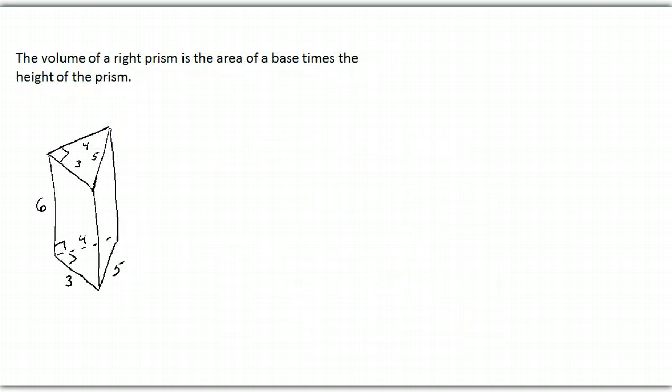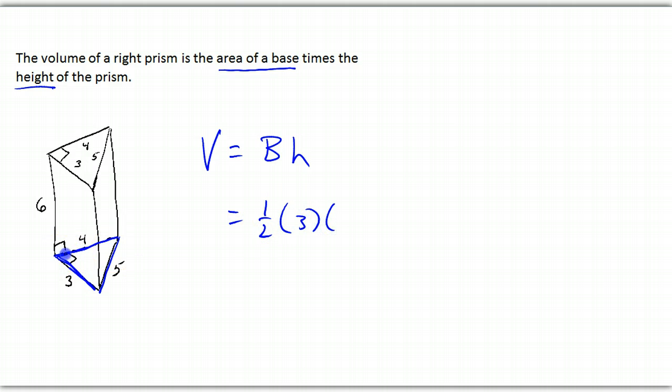The volume of a right prism is the area of a base times the height. Okay? So volume is base area times height. Well, here's our base. It's a right triangle, so it's going to be 1/2 the base of that triangle times the height of that triangle.